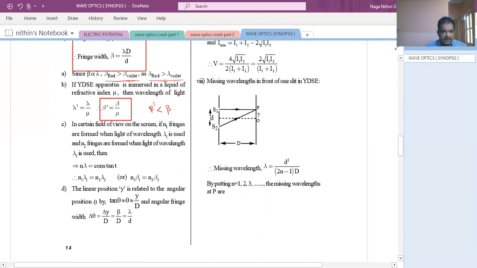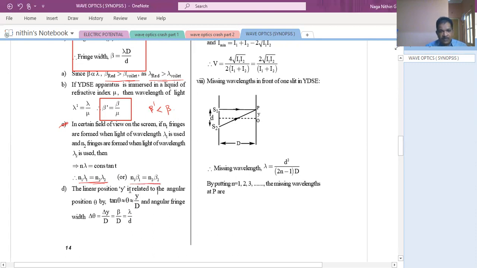And see this, in a certain experiment, when wavelength of light lambda 1 is used, N1 fringes are formed. When wavelength of light lambda 2 is used, N2 fringes are formed. Then they will ask to find N2, like that questions will be there. N1 lambda 1 is equal to N2 lambda 2, or N1 beta 1 is equal to N2 beta 2.